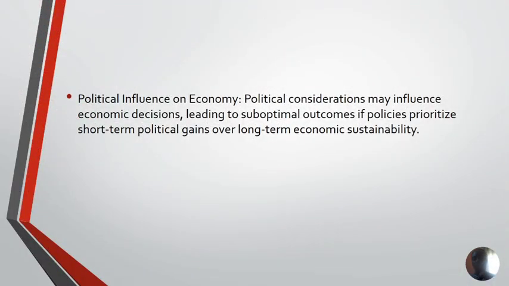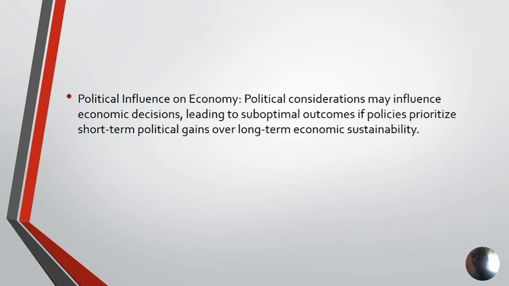Then we move on to political influence on the economy. Political considerations may influence decision making, because politics is very difficult to separate from the system since it's solely based on the government being the one making decisions. This leads to suboptimal outcomes if policies prioritize short-term political gains over long-term economic stability. That's how we affect future generations.